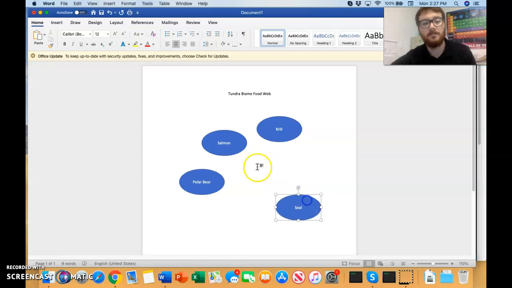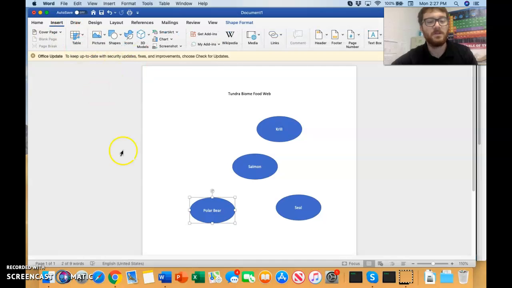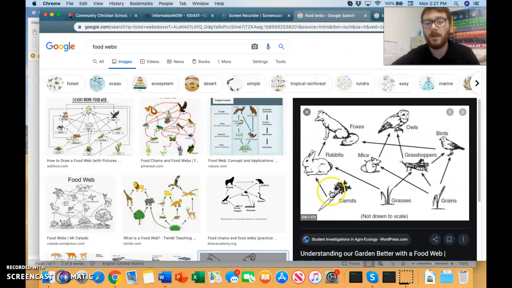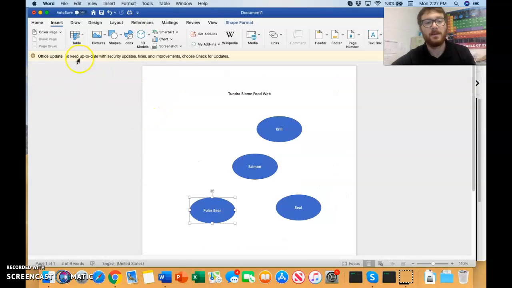Anyway, the web would then be drawn very similar to this original food web, where the arrow is pointing to what is eating whatever you're dealing with.